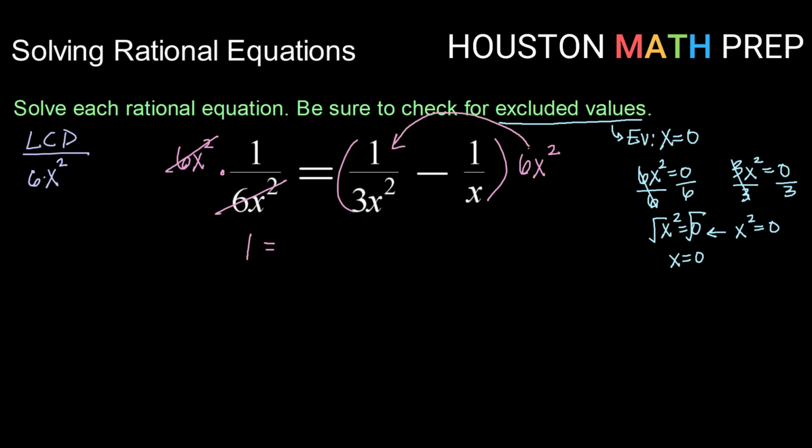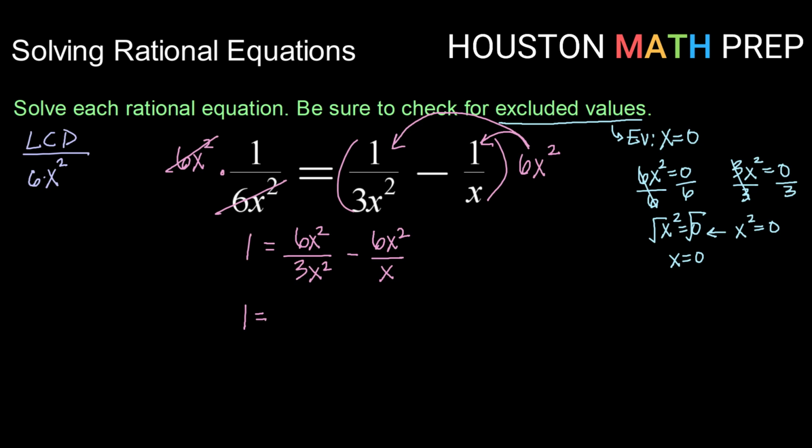On my right-hand side, I need to distribute my 6x squared, and that makes 6x squared over 3x squared minus 6x squared over x.